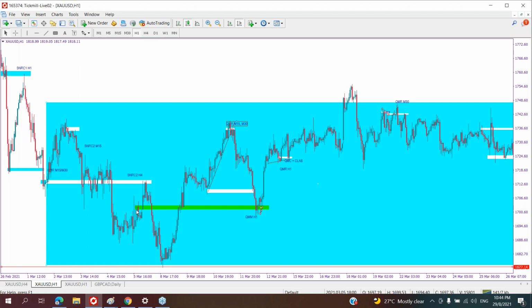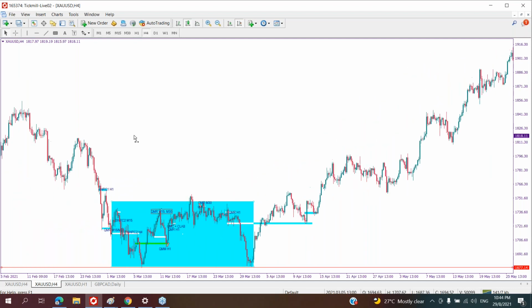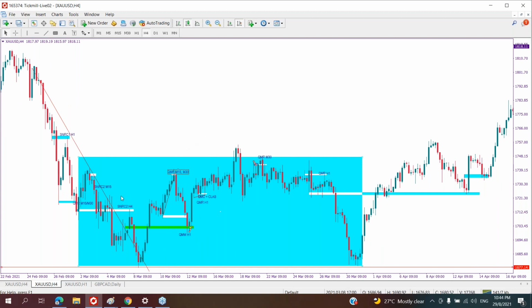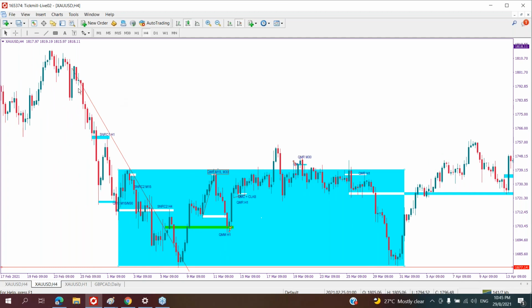Any question? How to detect a sideways market? Okay, sideways. Price is making a downtrend.